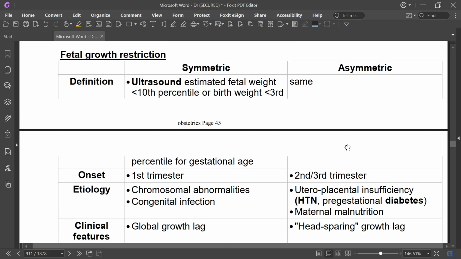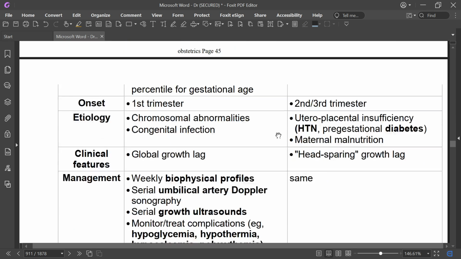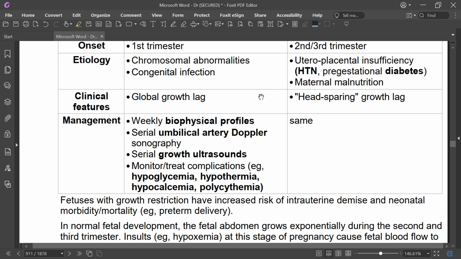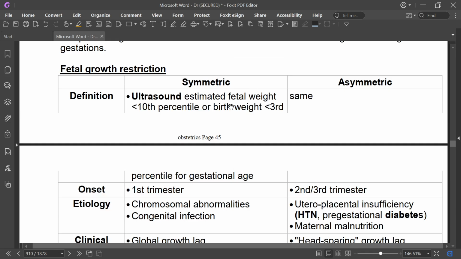For management, there is weekly biophysical profile, serial umbilical artery Doppler sonography, serial growth ultrasound, and monitoring or treating complications like hypoglycemia, hypothermia, hypocalcemia, and polycythemia. These are the things for management.